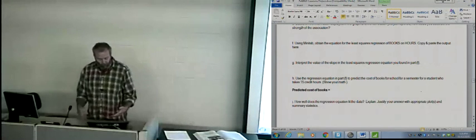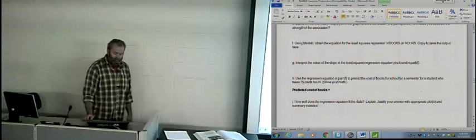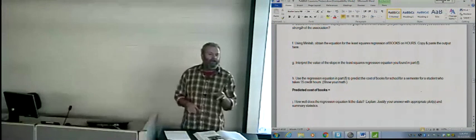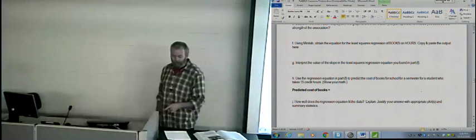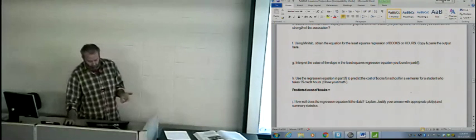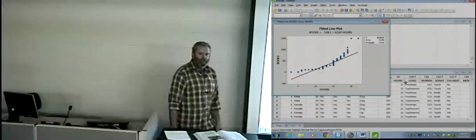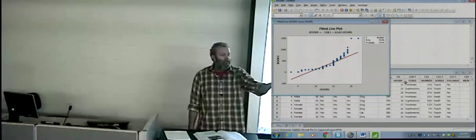Now, how well does a regression equation fit the data? You see that question there? They're asking you about R squared. Remember, R squared tells you how successful you were. Well, if you give me this here, then you can read R squared off the side there as 74.5. That's just 0.863 squared, right?